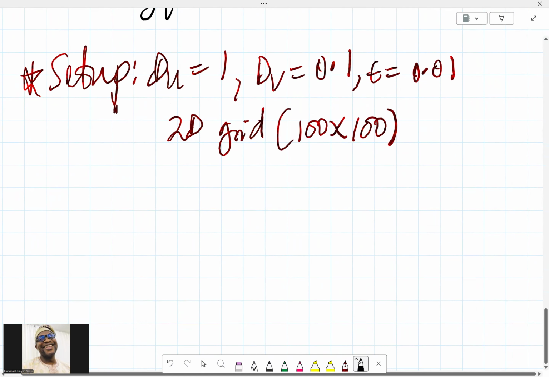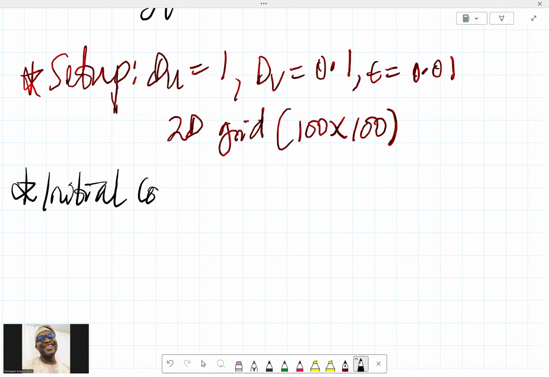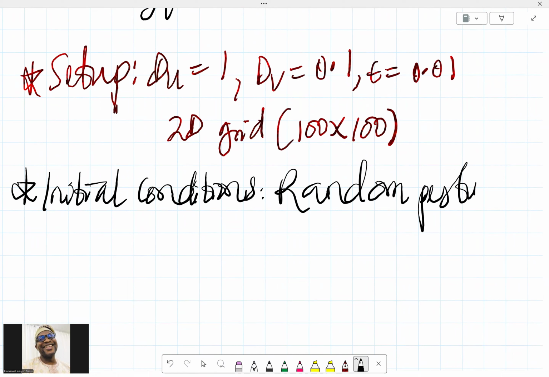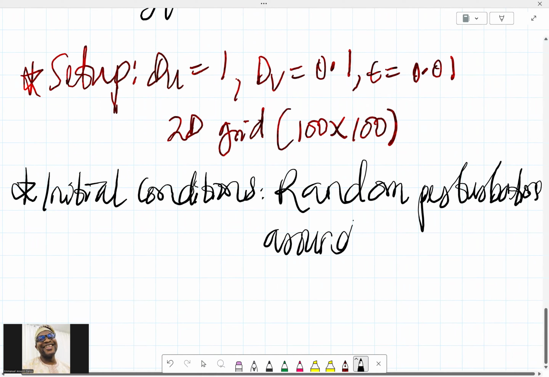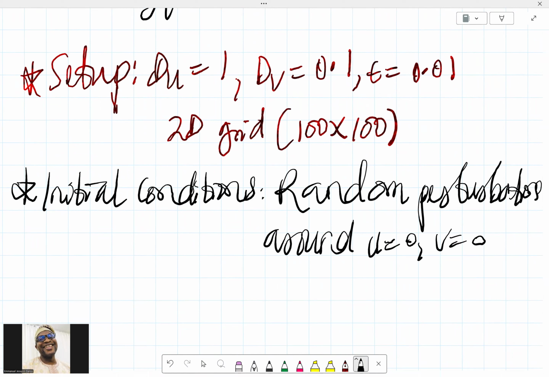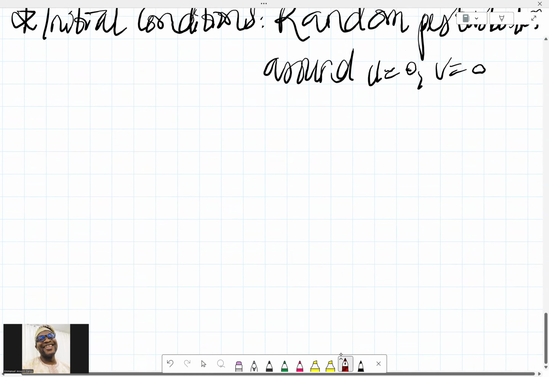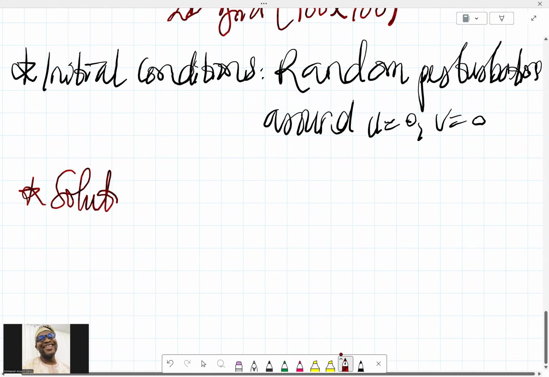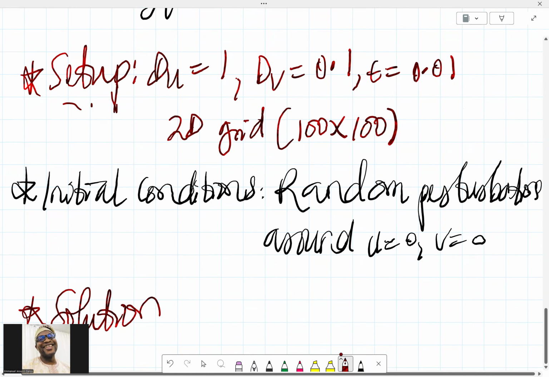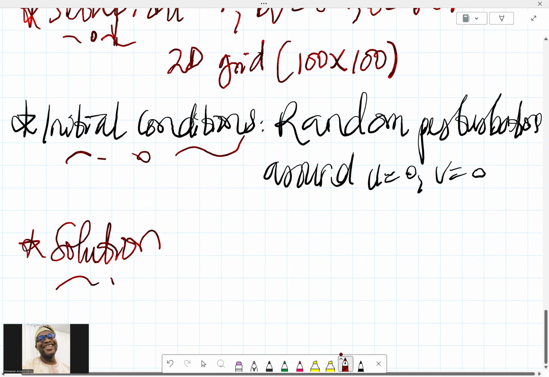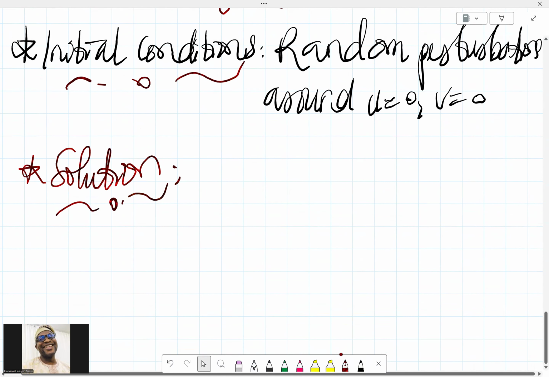Then next, we have the initial conditions. So we can have random perturbations around the origin, U equals 0 and V equal to 0. Then after that, let's talk about the solution itself. For the solution, you can use finite differences, which I've done before under numerical analysis.